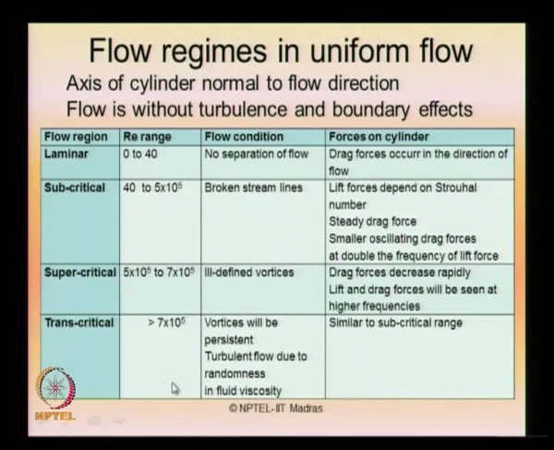The turbulent flow will be essentially due to the randomness of the fluid viscosity, and you can distinctly see these vortices in the transcritical region. In subcritical you can find some broken streamlines, and in supercritical you can see vortices but they will not be well defined. So we can call them ill defined vortices.